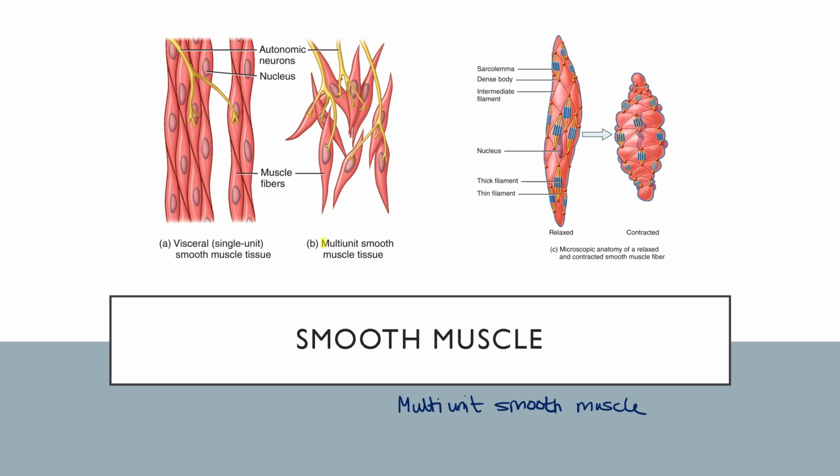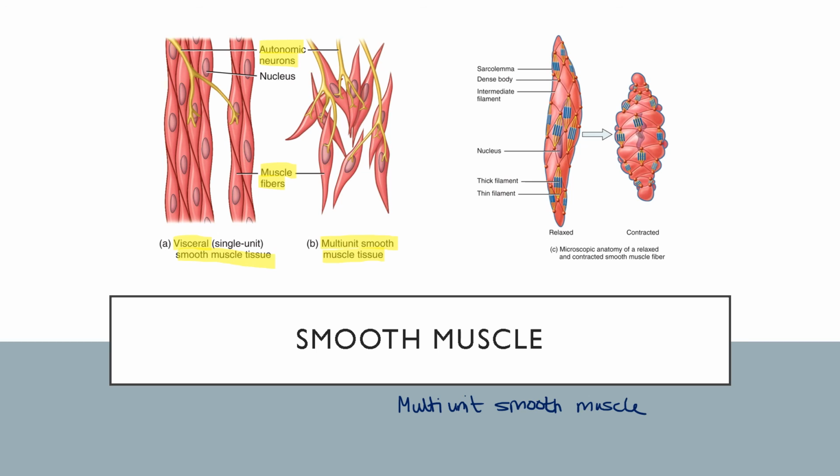So we can see this here, with each individual neuron attached to them. Now, stimulation of one of the visceral smooth muscle tissue cells causes contraction of many adjacent fibers, but stimulation of one multi-unit fiber causes contraction of that fiber only.